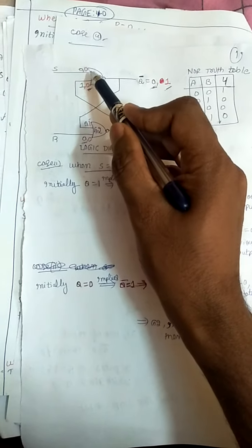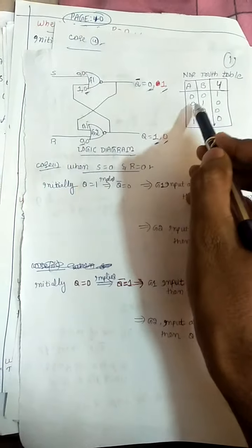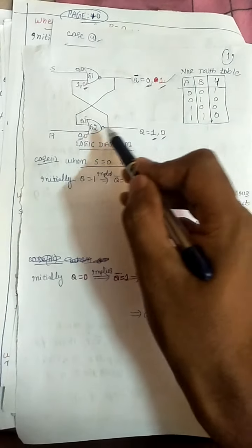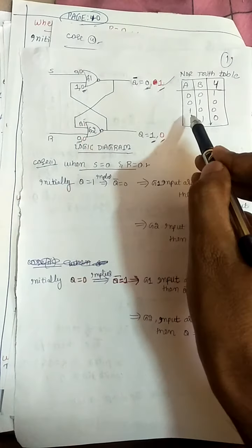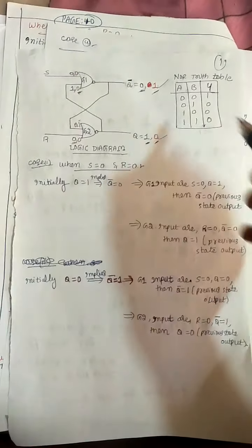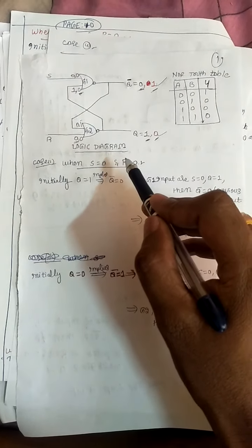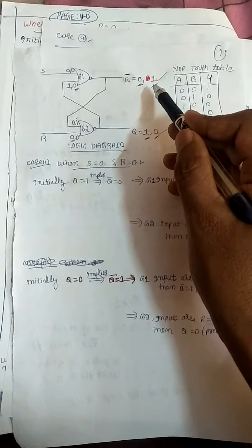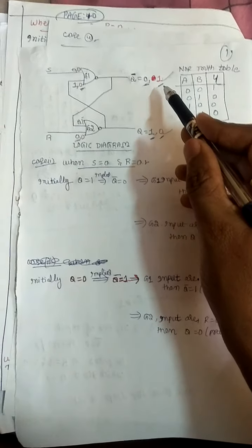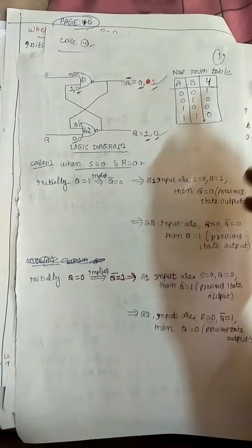Then if both are zeros, the output is 1, and for 1 0, the output is 0. What does it mean? In this case also the outputs are retained as in the previous state output.